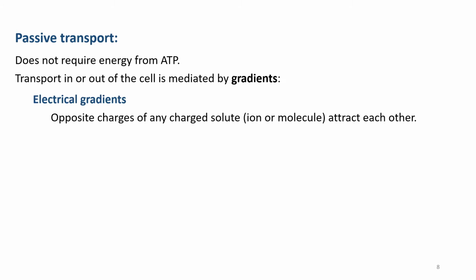Electrical gradients exist because opposite charges of any charged solute, whether it be an ion, in other words, a charged atom, or a molecule, attract each other. So positive is attracted to negative, negative is attracted to positive, like those magnets that come together if you put the opposite poles together. That creates an electrical gradient.